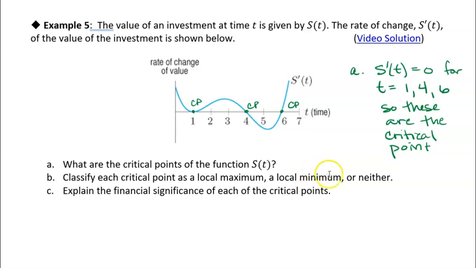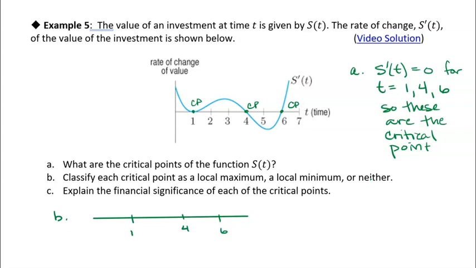Now I like to draw a little number line. So let's put the answer to B here. I'm just going to draw a little number line and mark my critical points on there, just like I have before. So this is 1 and 4 and 6. Those are my critical points, and then I just want to look at the sign of the derivative.